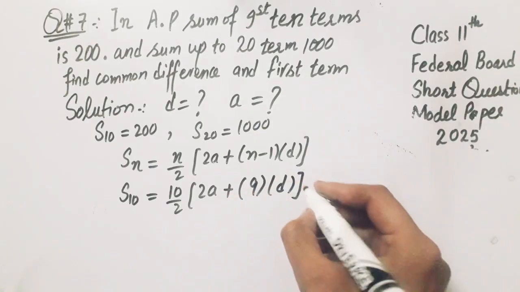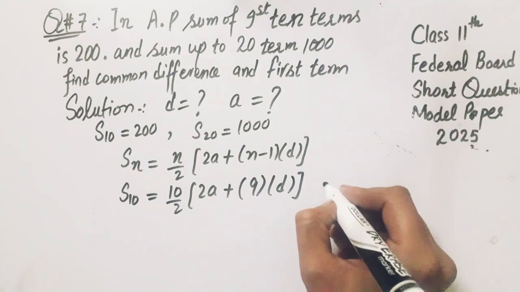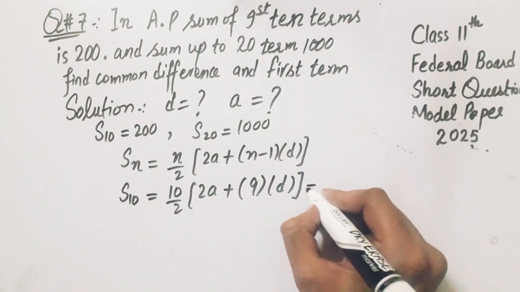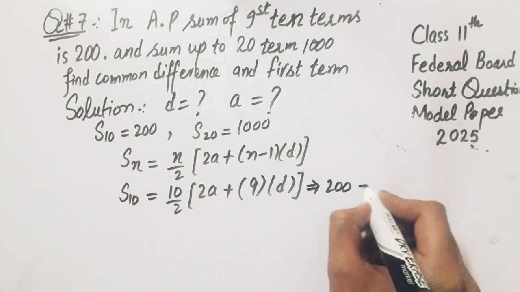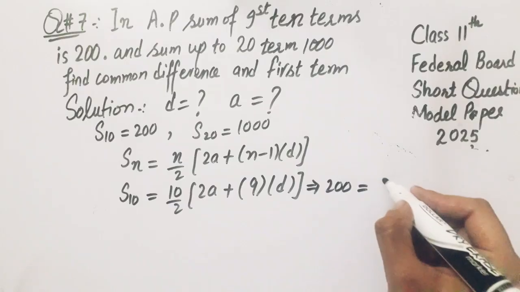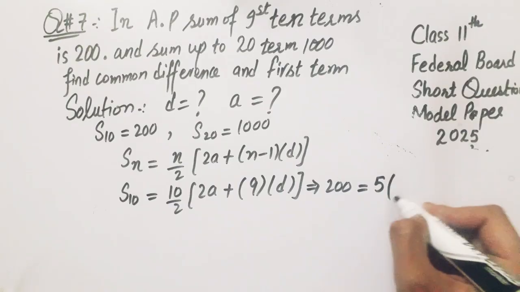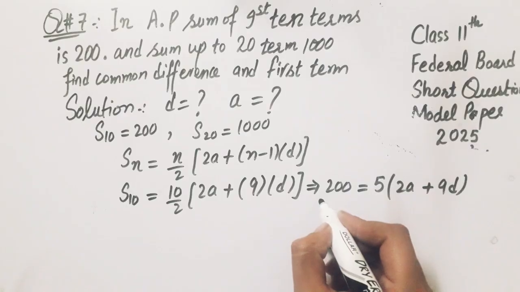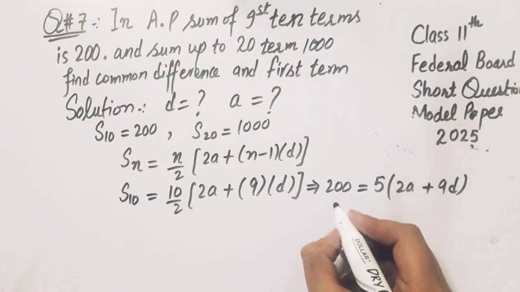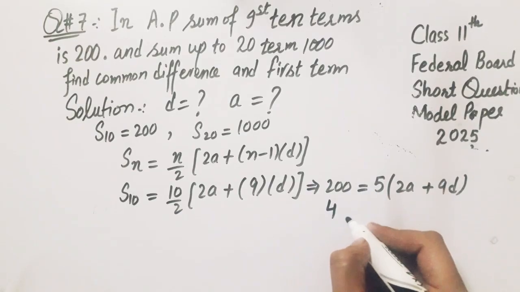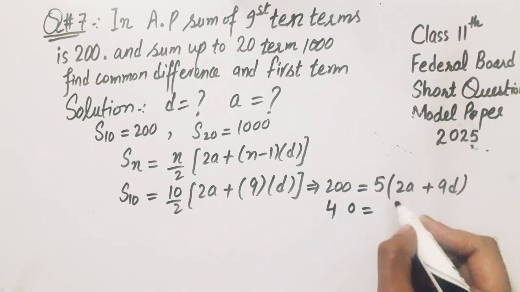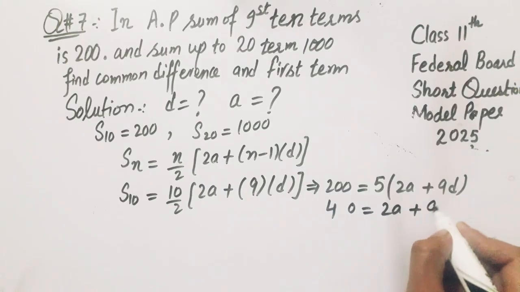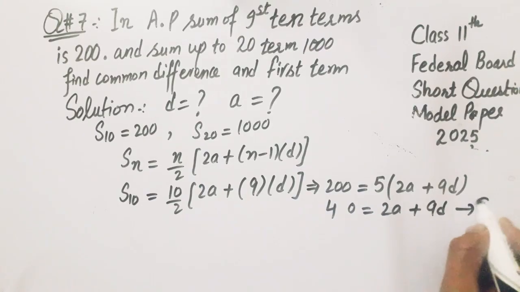The value of S10 is 200, and 10 divided by 2 is 5, so 5 into 2a plus 9d. Dividing 200 by this 5, we get 40 is equal to 2a plus 9d. This is equation 1.